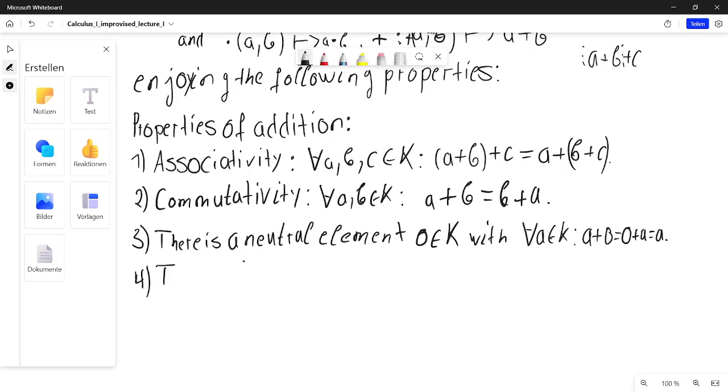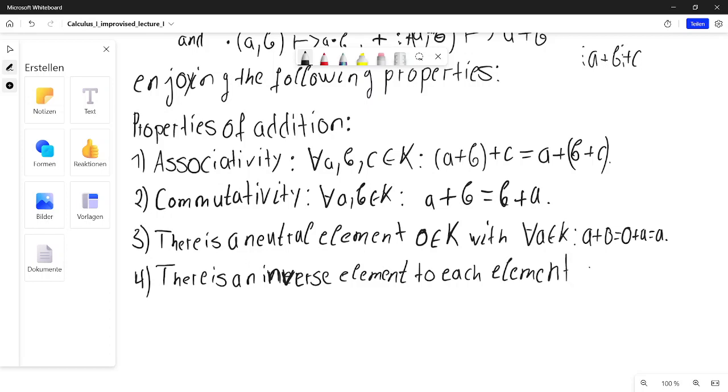Okay, there is an inverse element to each element A, element of K, that is, and it is important, inverse with respect to addition, but now we list properties for addition, so that is clear.